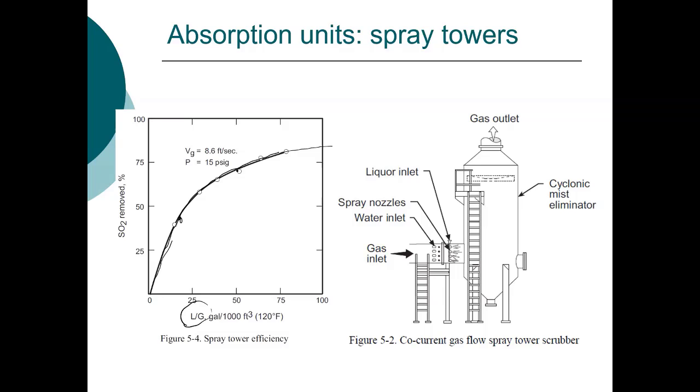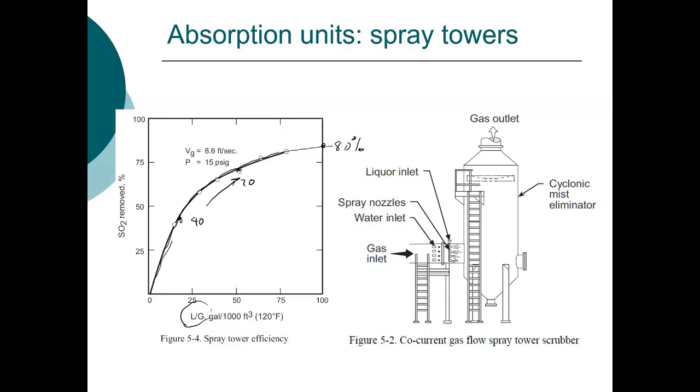We double that to 50, we get about 70% removal. So we're going from about 40 to 70. But then when we double from 50 to 100, we're only going from about 70 to maybe 80% removal, somewhere in there. So you can see, we really get to that diminishing return.